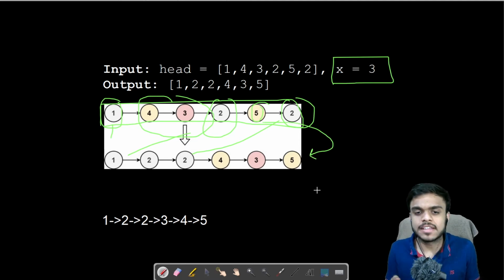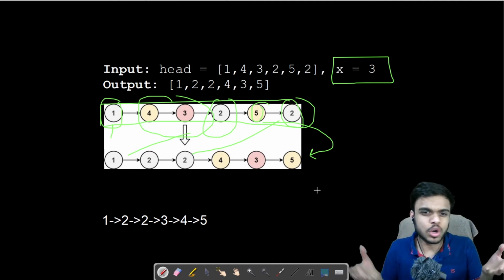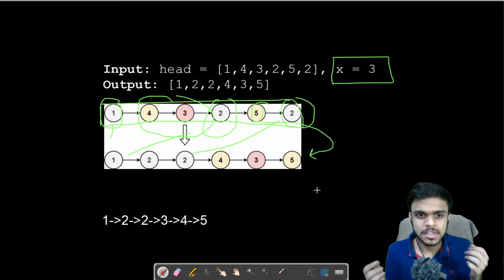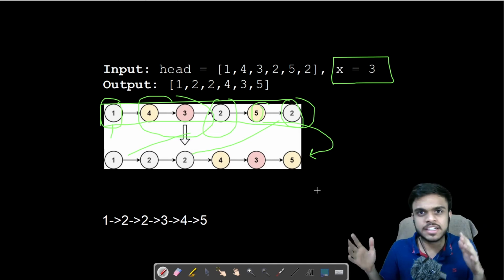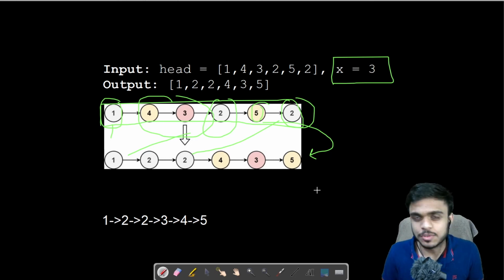So we can think of these two operations as two different lists independently. We can create two dummy nodes, one for each list, and then iterate with two pointers, each pointing to its own list. One would be the before list and the other the after list, or whatever we want to call them, and then after iterating we can just attach them together. That's it, and this will make a lot more sense when we start coding.